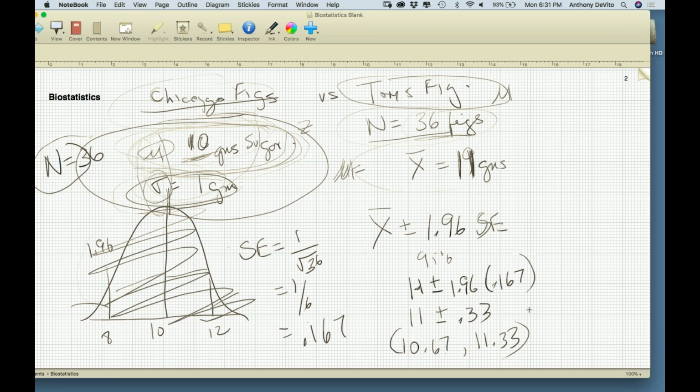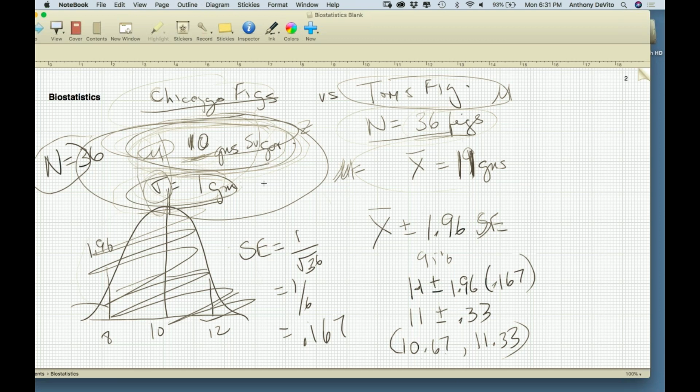Well, it's only a 5% chance of that happening, or really less than a 5% chance. So if I told you that Chicago figs are known to have an average sugar level of 10 grams, we know with 95% certainty that my figs have more sugar in them than the Chicago figs, right?